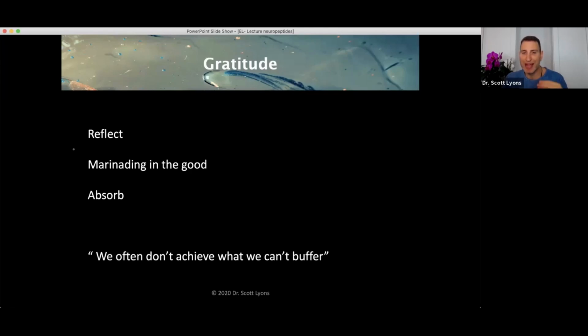To be able to engage and be in relationship to something, even when it doesn't feel pleasant per se, but to be able to do it with support and capacity. And for us to find a place to pause, we often don't achieve what we can't buffer.